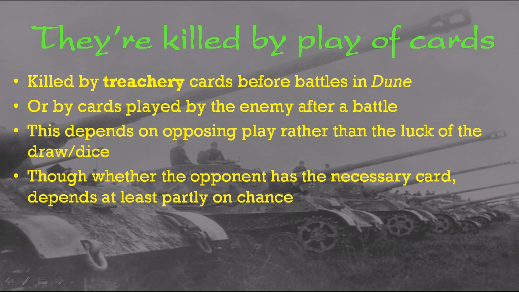Another possibility is that they're killed by play of cards by another player. Killed by treachery cards before battles in Dune, for example, or by cards played by the enemy after a battle. Now, this is perhaps more desirable in some respects because it depends on the opposing play rather than the luck of the draw of the dice, although whether the opponent has the necessary card will often depend, at least partly, on chance.